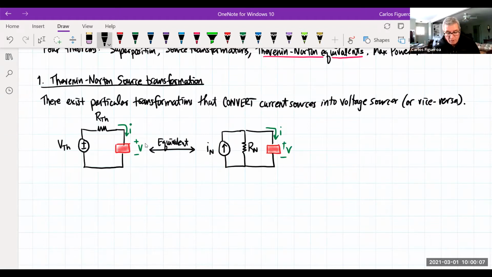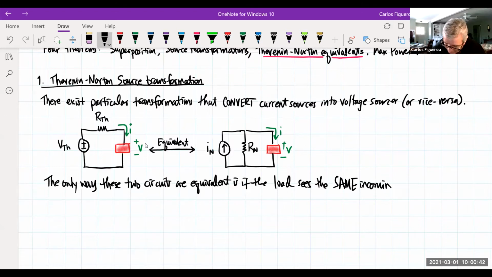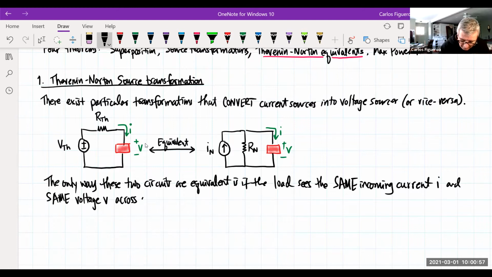The only way these two circuits are equivalent is if the load sees the same incoming current I and the same voltage V across it. That's the only way it makes any sense whatsoever.